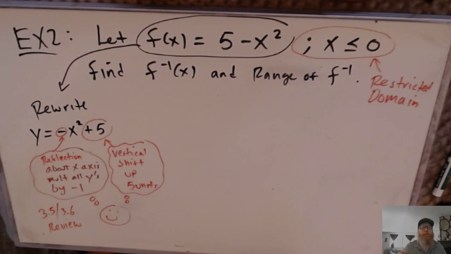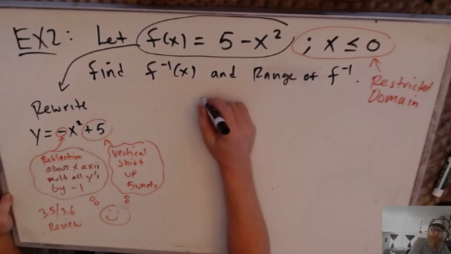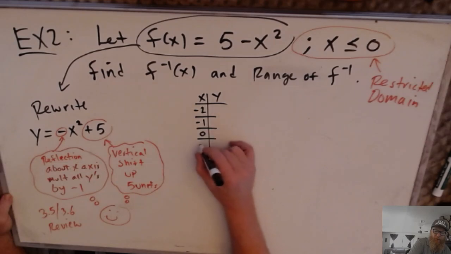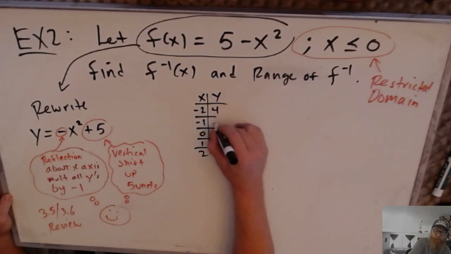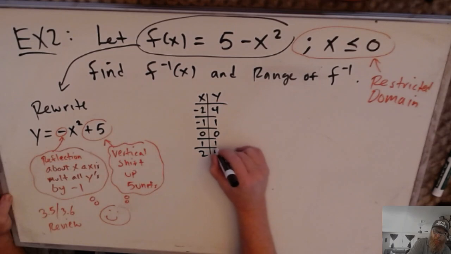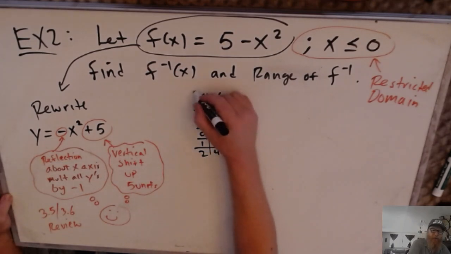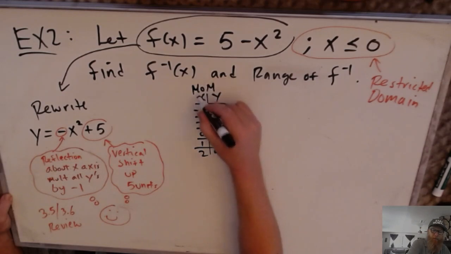Okay. So let's just do a rough graph here. So we have our mother function, x, y, -2, -1, 0, 1, and 2, 4, 1, 0, 1, 4. All right, so the mother function, call that mom.